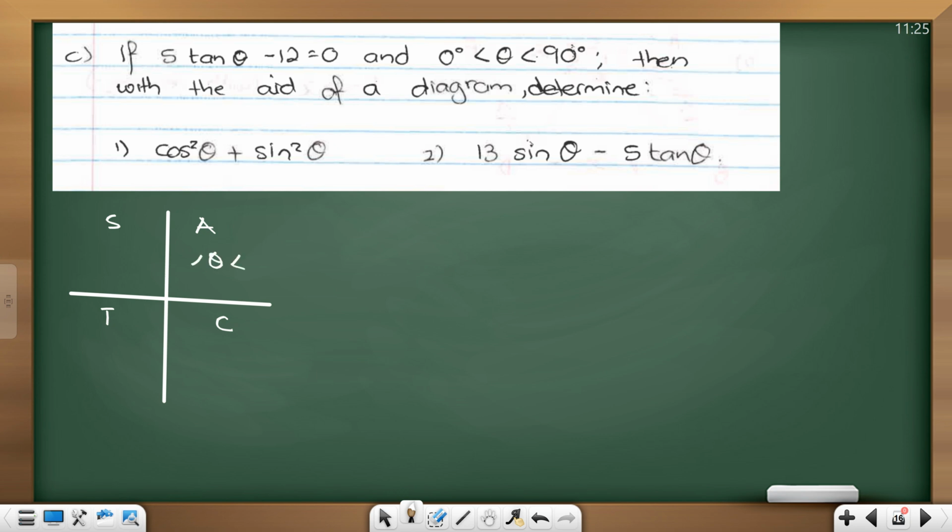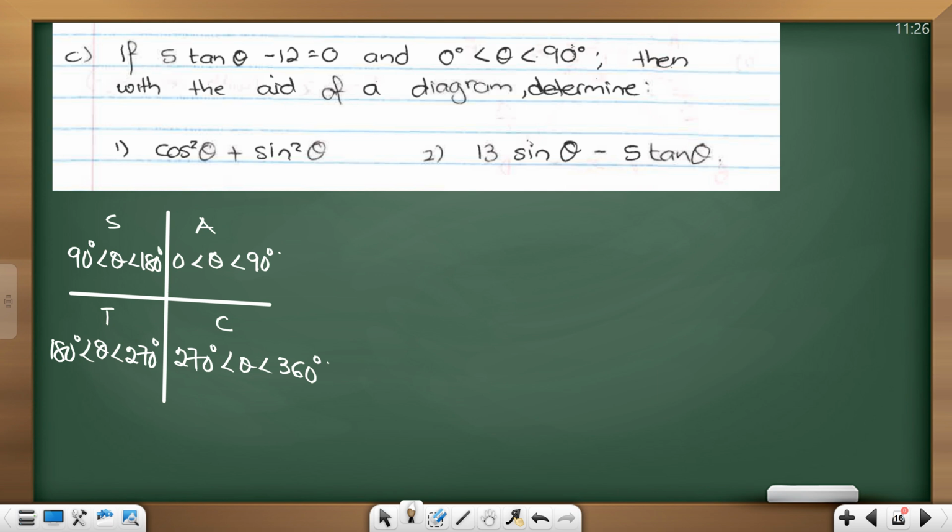What's our angle here? 0 and 90 degrees. What's the angle here? Between 90 and 180 degrees. Here, between 180 and what? 270 degrees. Here, between 270 degrees and what? 360 degrees. All right, please don't forget this.